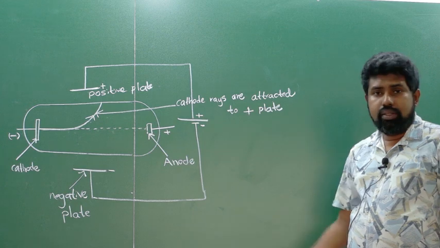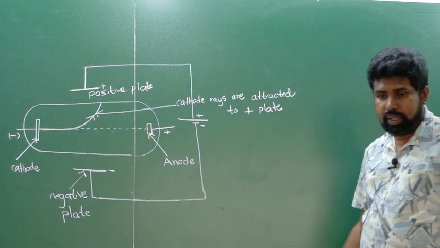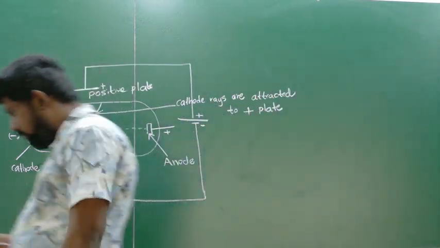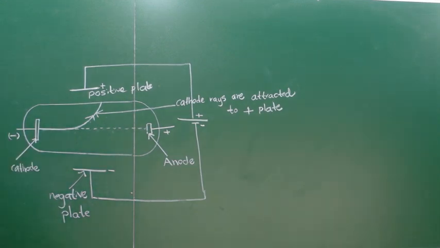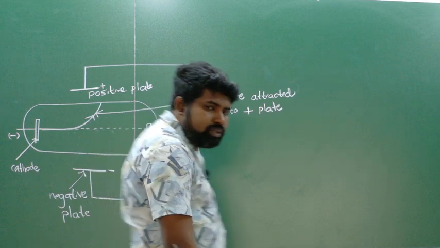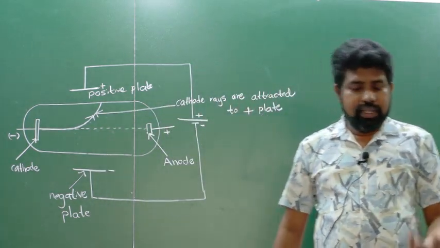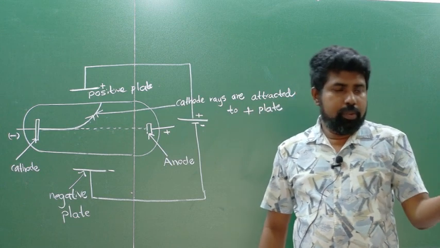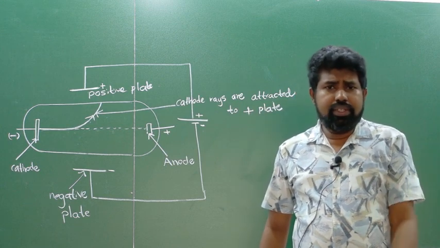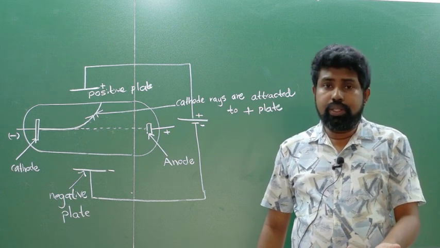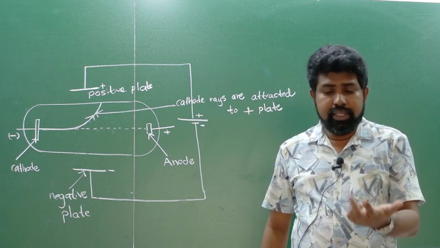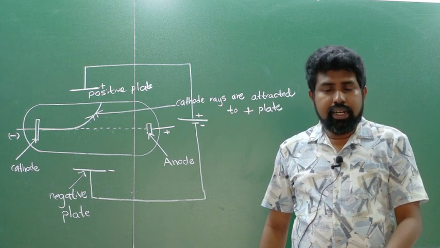Now draw this setup. So, this was the fourth experiment done by Thomson to investigate the charge of cathode ray particles. First one investigated the property of cathode rays, that they travel in a straight line. Number 2, they possess momentum or particle nature. Number 3, they possess electrical charge.